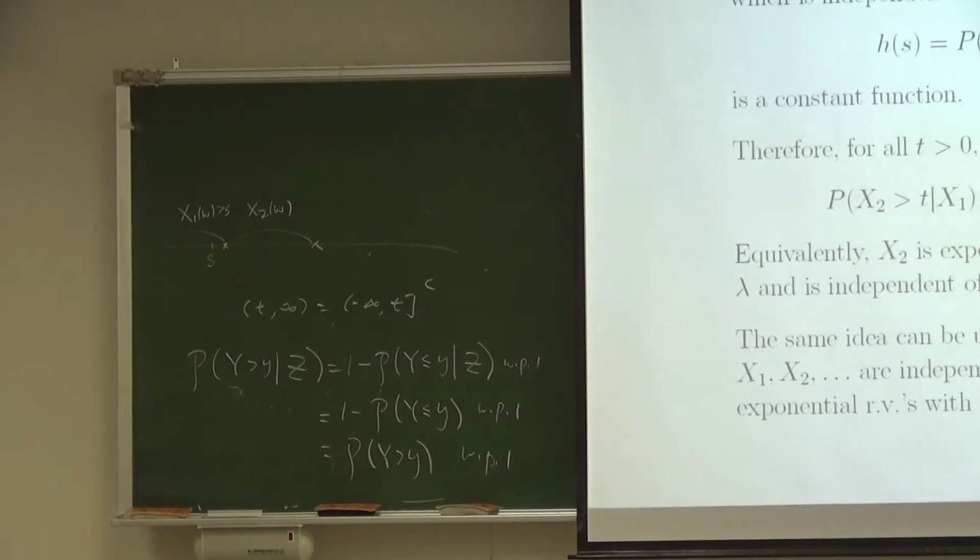The same idea can be used to prove the general case that x1, x2, and so on are independent and identically distributed exponential random variables with parameter lambda, one by one.